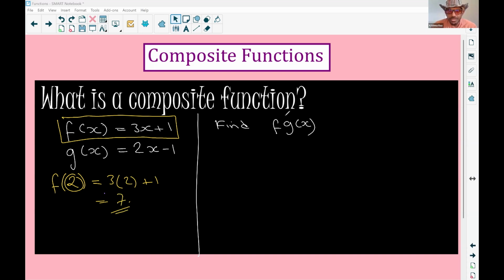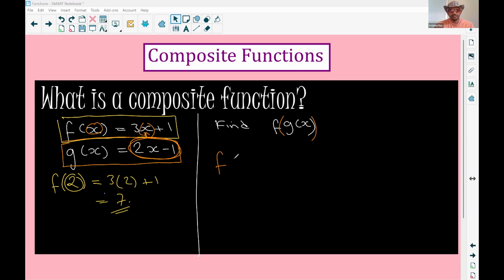So with that same logic here, what we've done is essentially replace the x in the f with g of x. So this time, I'm going to replace the x here with the whole of g. So this whole thing here will get subbed in to replace the x.